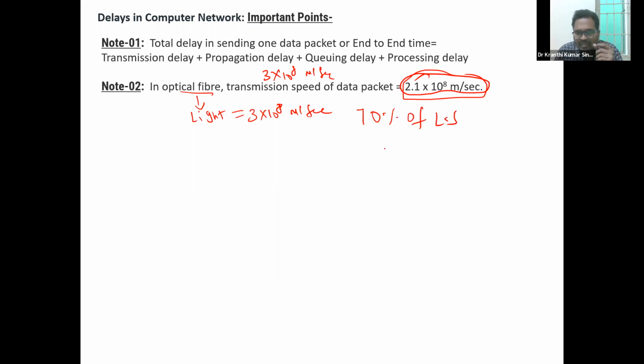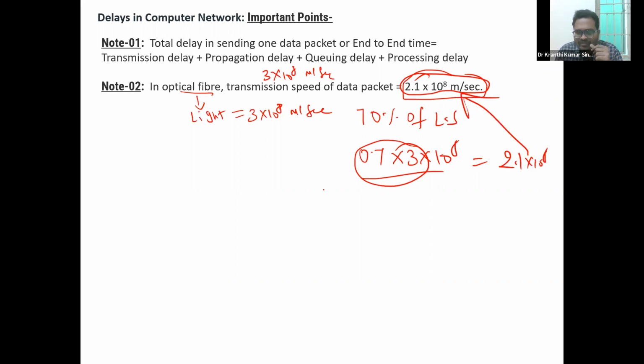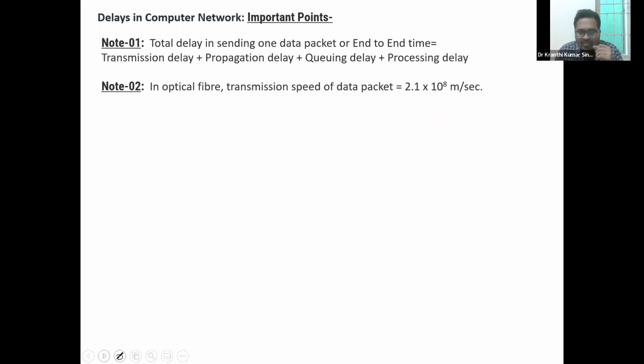70% of light speed means 0.7 into 3 into 10 power 8. So what is the value here? 2.1 into 10 power 8. Most of the situations we are using this, the best case. In optical fiber, signals travel with around 70% of the speed of light only.